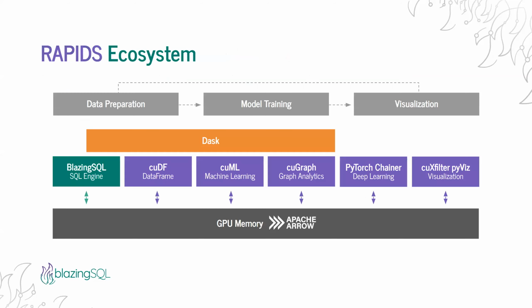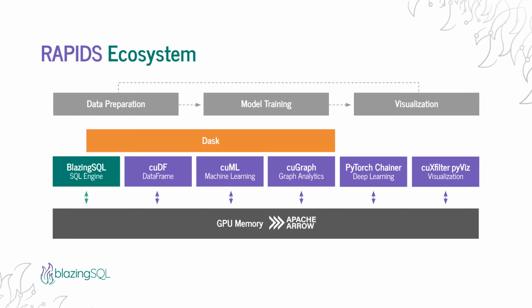To quickly go over the Rapids ecosystem, this is just a high level view, and it isn't even exhaustive anymore because there are so many components that exist now. But these are the original few. What really matters about this whole ecosystem is that there's a data frame held inside Apache Arrow GPU memory.